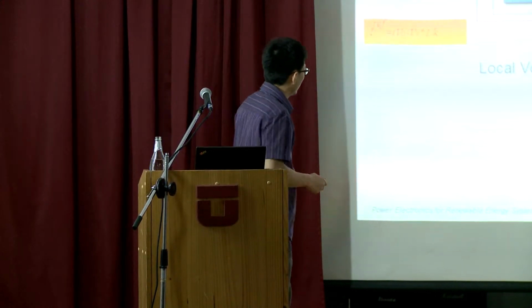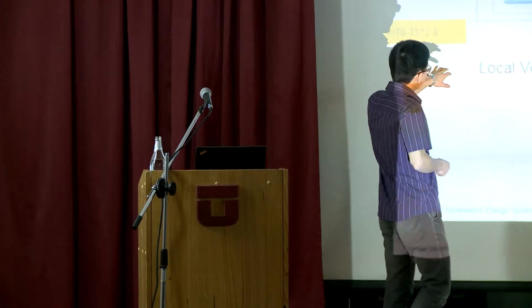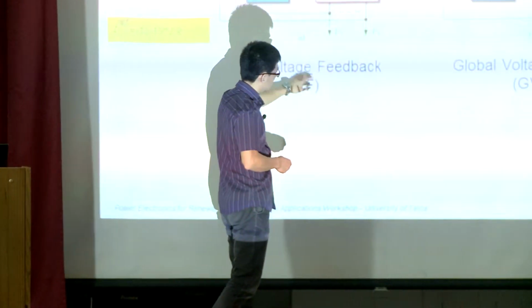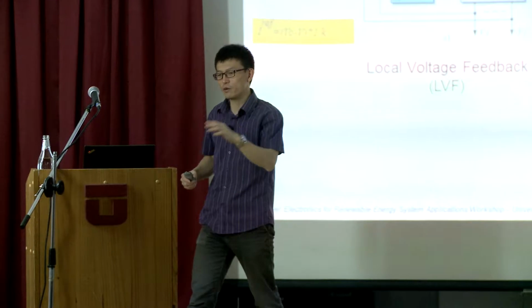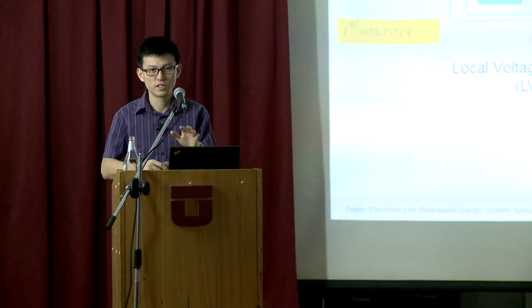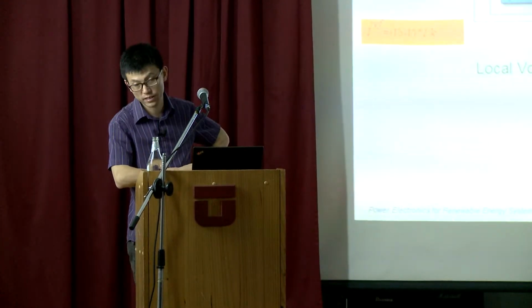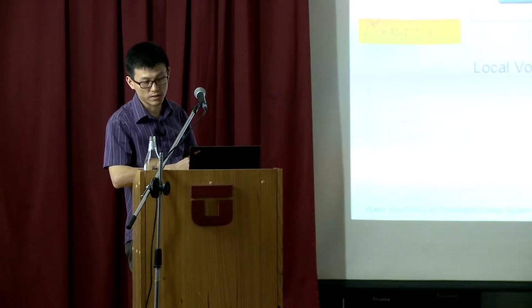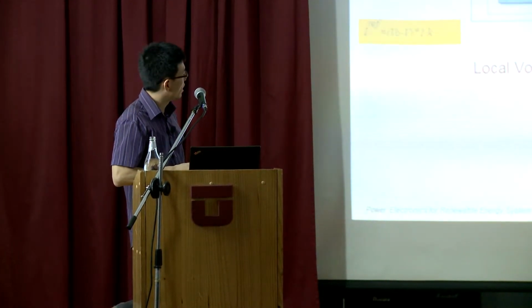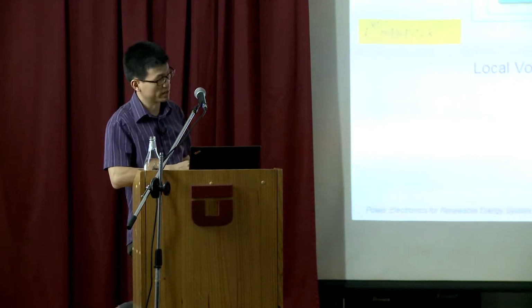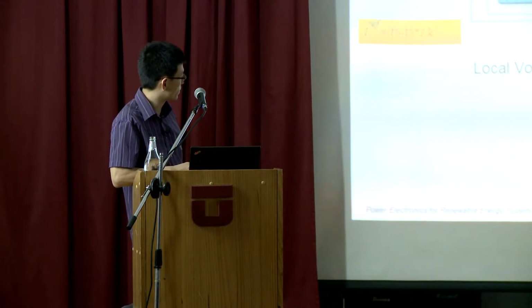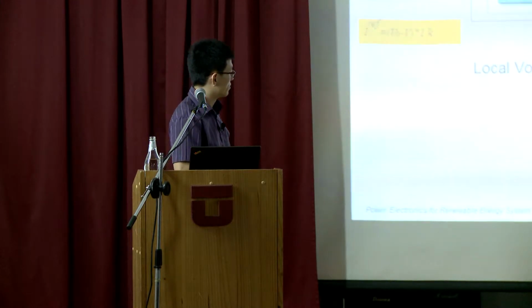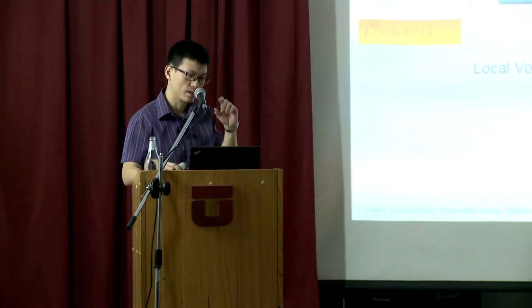For this current mode control, it's sometimes very confusing. There are two different types of current mode. One is the local voltage feedback, because the reference is current. So it's what I call current mode, but it needs the voltage feedback.